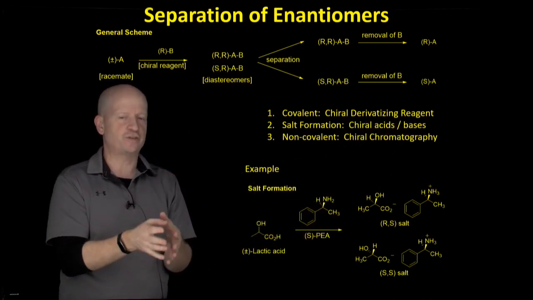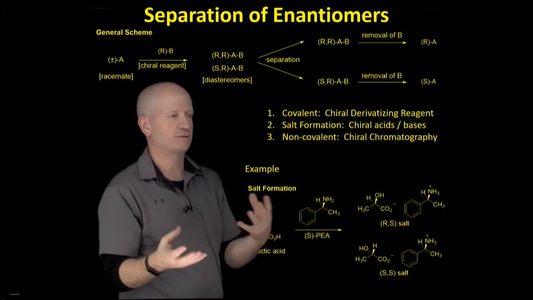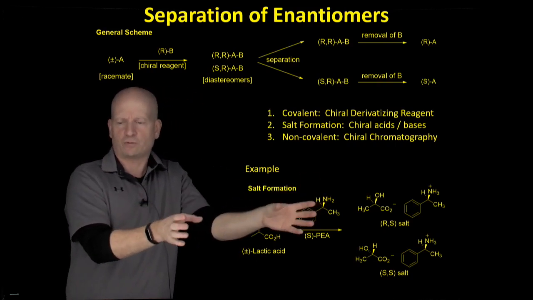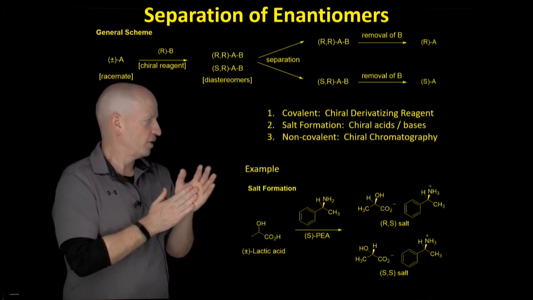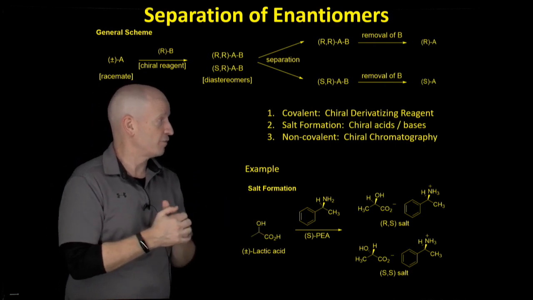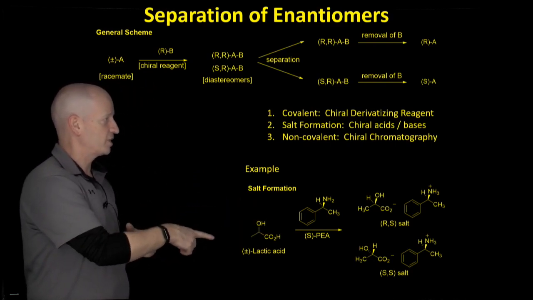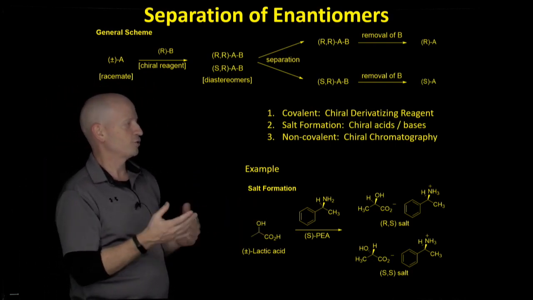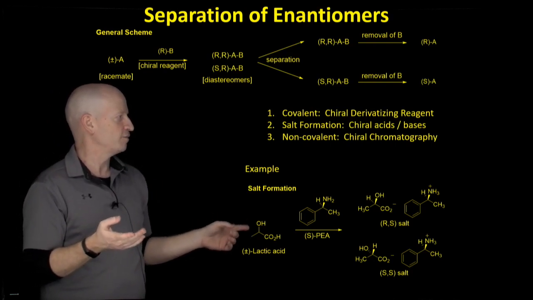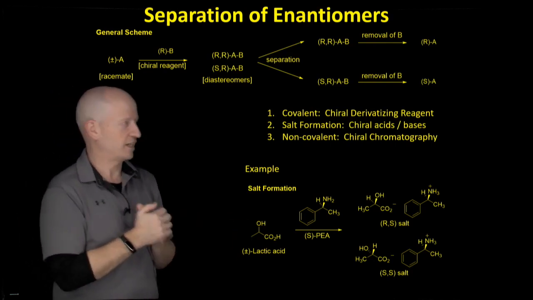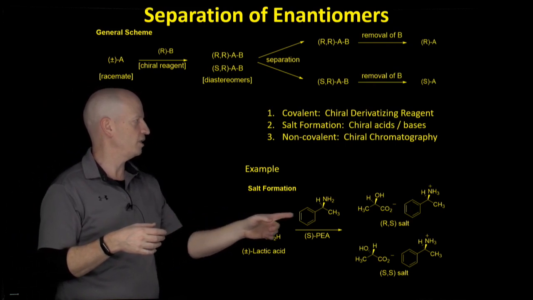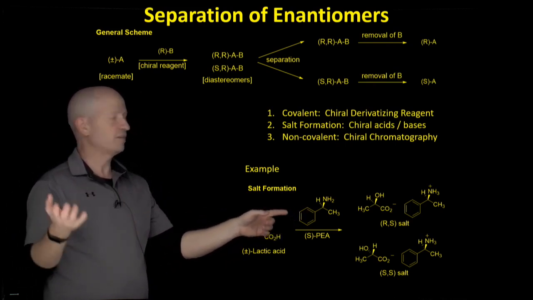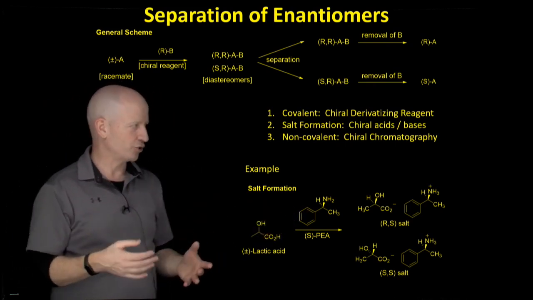And so it's very inefficient, and there are losses in each of the chemical reaction steps. There's a lot of waste in the separation process and so forth. Salt formation is a little more straightforward. The example down at the bottom of this slide shows a salt formation where here you have both enantiomers of lactic acid. You react with just a single enantiomer of phenylethylamine. And again, this is a molecule that's derived from nature.